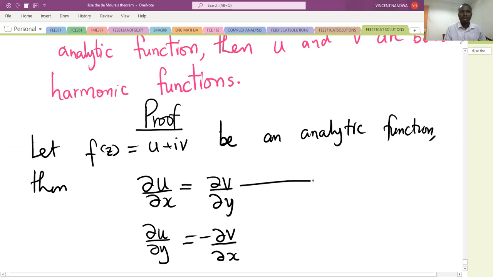So call this one equation 1, call this one equation 2.